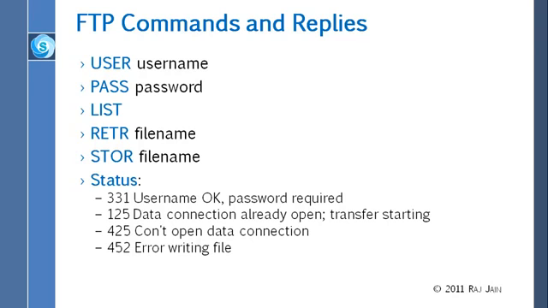So for example here, 331 username okay, password required. 125 data connection ready. So there is a number and there is a text. The text is what is presented to you. The number is what these clients and servers understand. If you do FTP in a command box, in a DOS box, and then you can say help, it will list a whole set of commands.